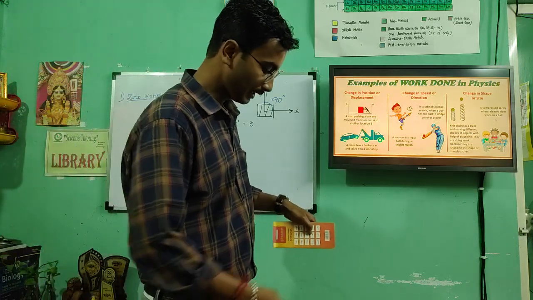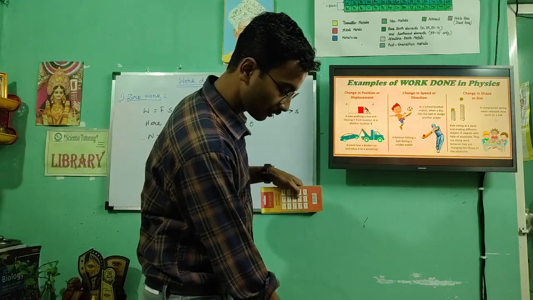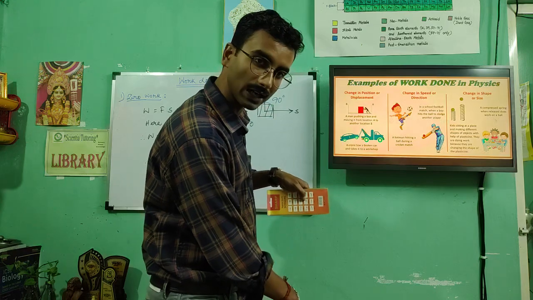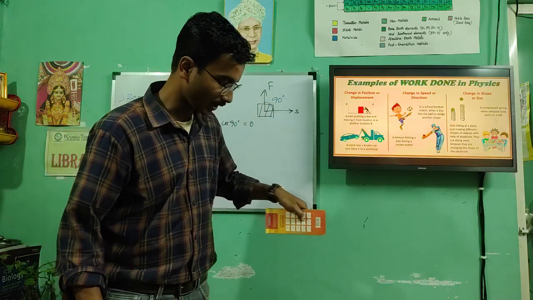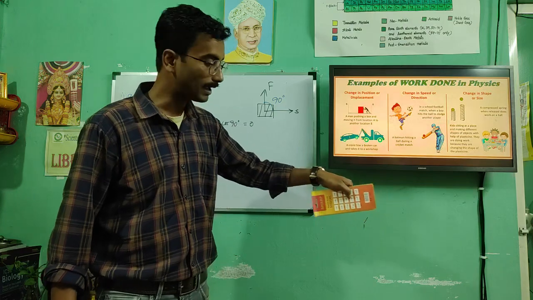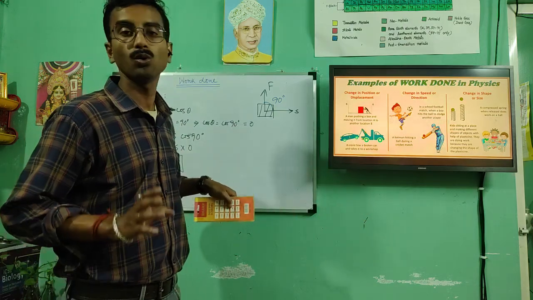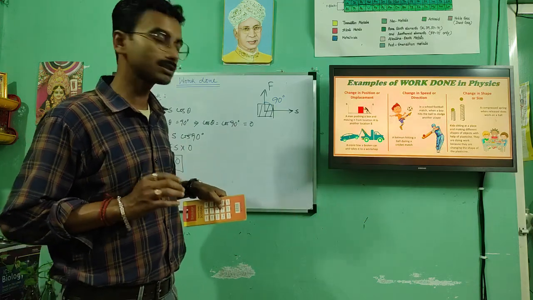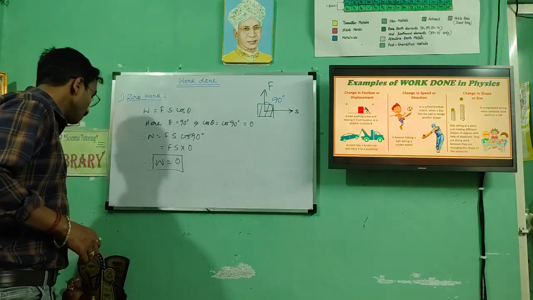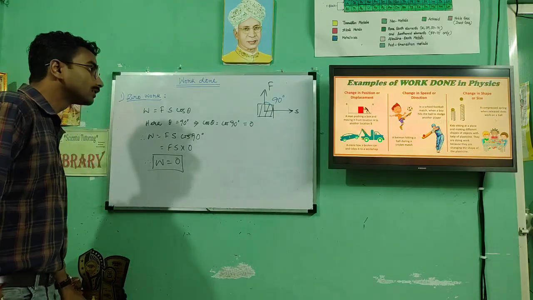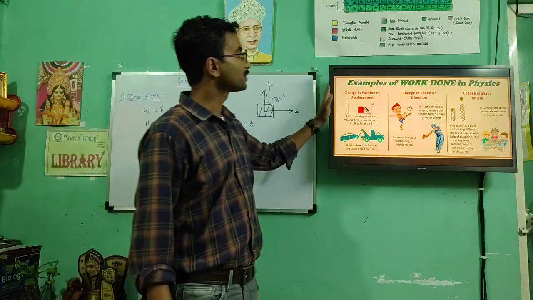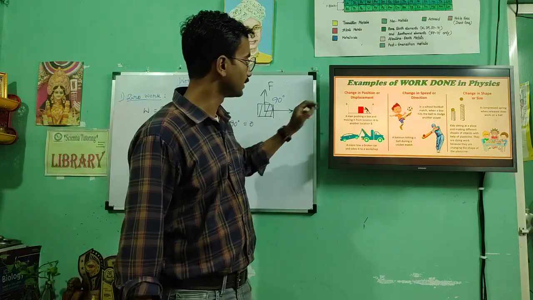Here the gravitational force is acting in the downward direction, and the object is moving horizontally. So here I am doing no work. This is one of the examples of zero work done. Clear?